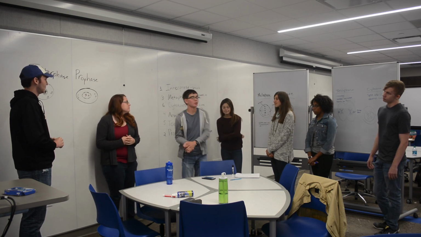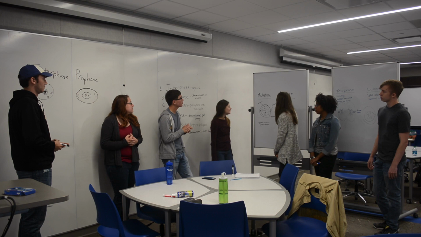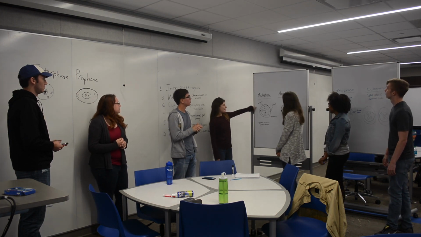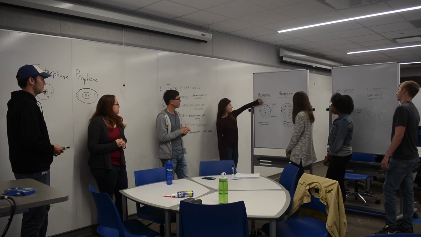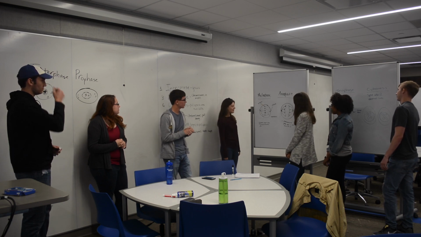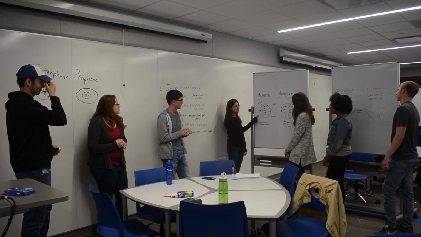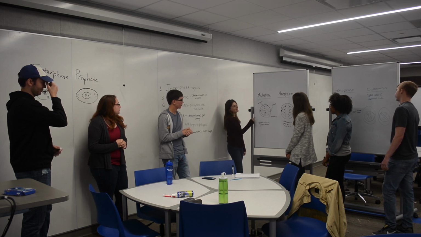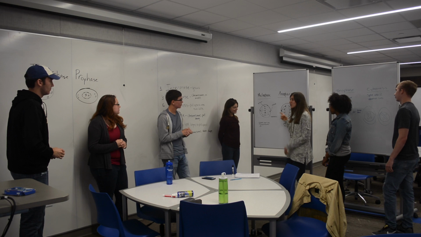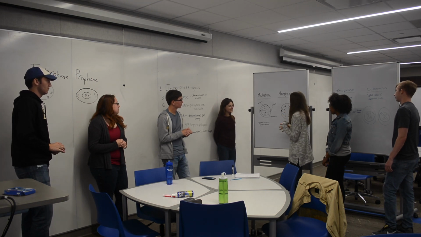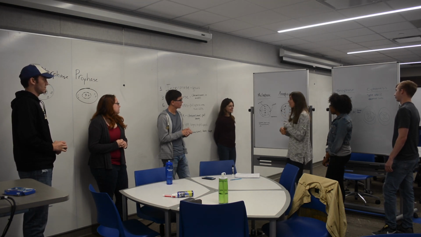All right, good. And now we go from prophase over to metaphase. What we have for metaphase is that the chromosomes align in the center of the cell along the metaphase plate, and we have all the parts labeled. And then we go to anaphase. In anaphase, the chromosomes begin to pull apart and they move to the opposite ends of the cell.